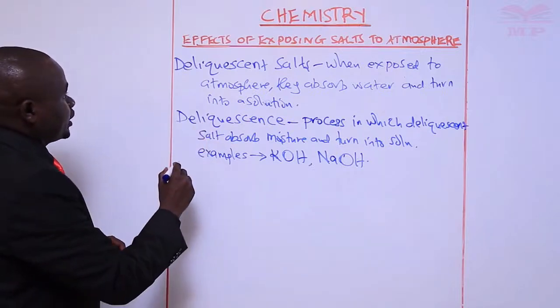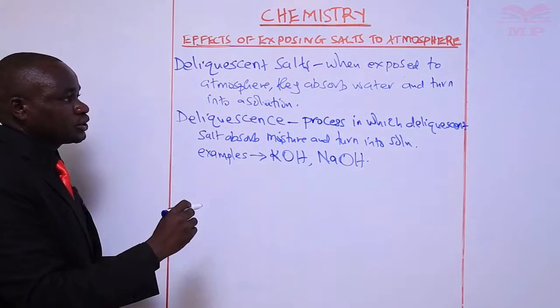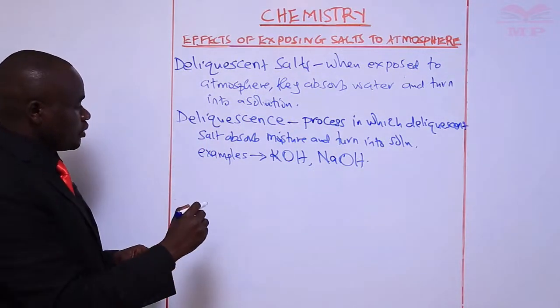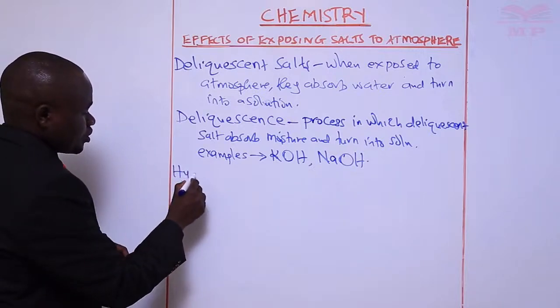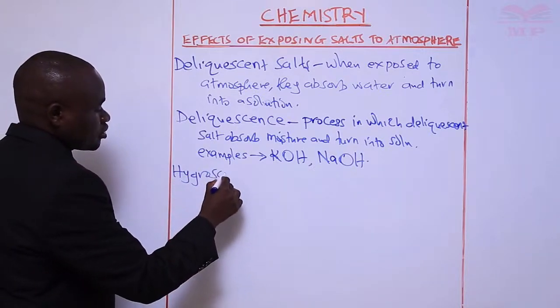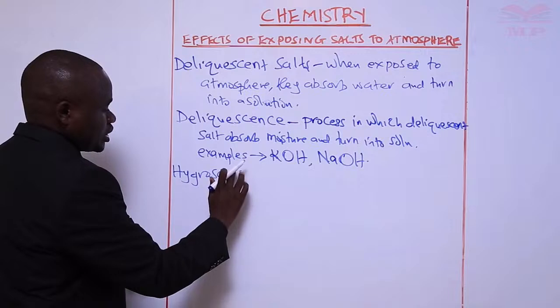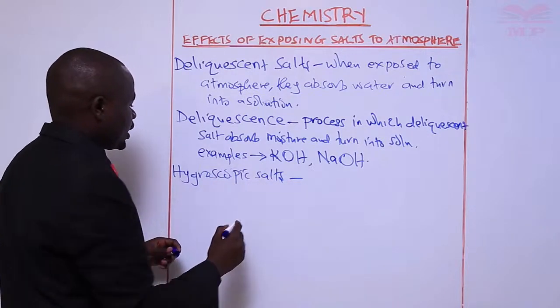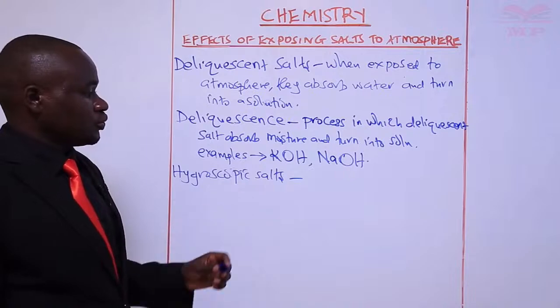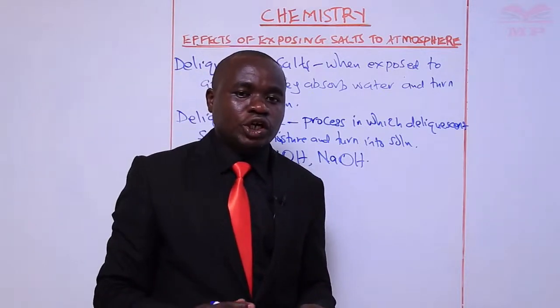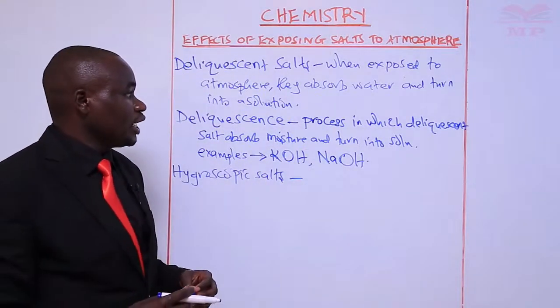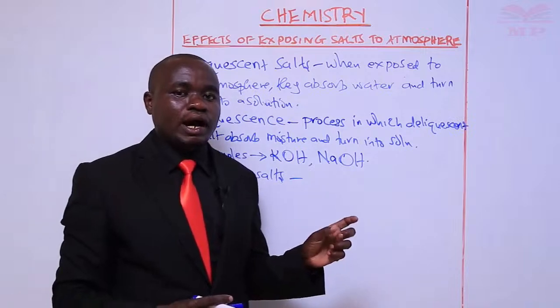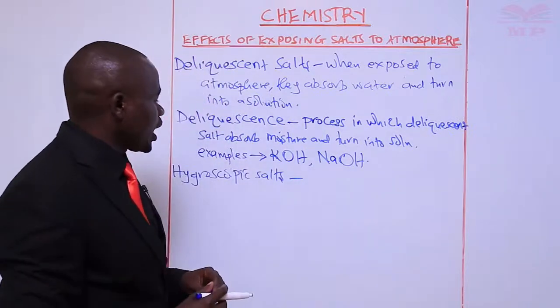The next class of salts, we call them hygroscopic salts. So these are salts which, when exposed to the atmosphere, they absorb moisture but do not form a solution.